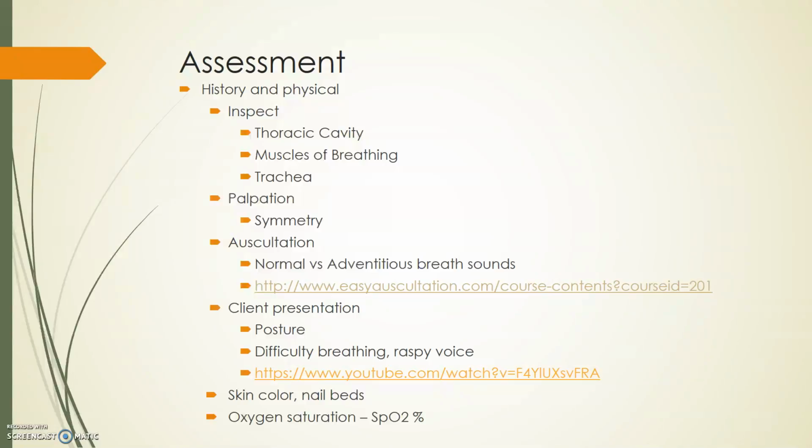You want to make sure that you're looking at the client presentation, the posture of your patient. We're going to talk about this in class, but there's a tripod posture that you may see your patients taking, pretty much bending over or resting on a table to be able to breathe more clearly. Noting if they have any difficulty breathing, if they have a raspy voice. This YouTube is going to show you some retractions.